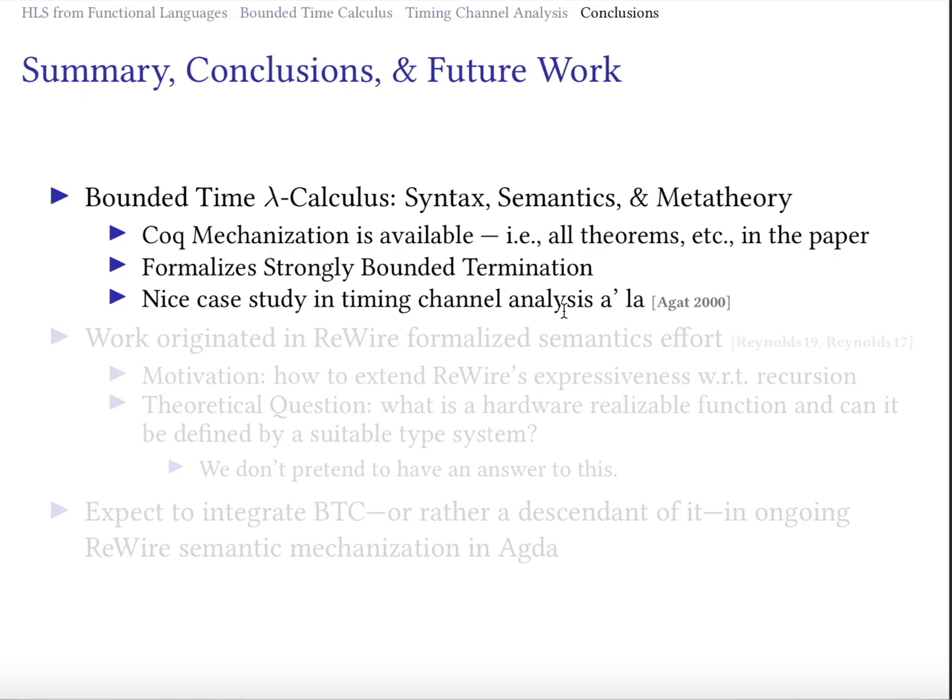And the point of the BTC is to formalize strongly bounded termination, which, as we say, was motivated by hardware synthesis from functional programs. We also gave a nice case study in timing channel analysis, which is somewhat reminiscent of work by Johan Agat from 2000 in his paper Transforming Out Timing Leaks.